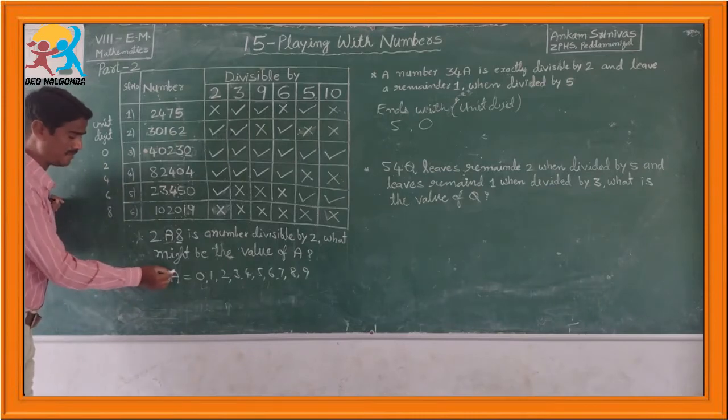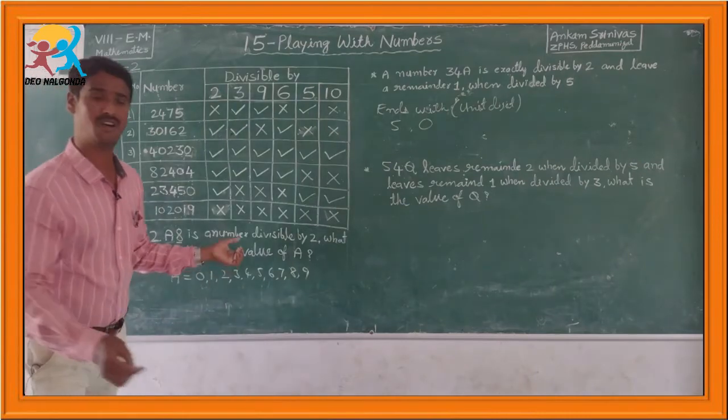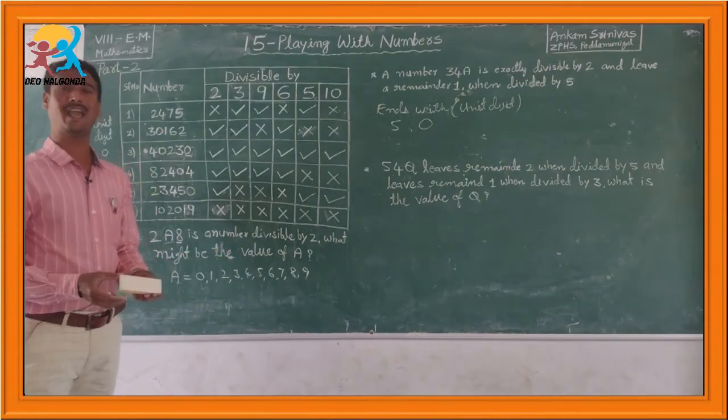So A may be 0, 1, 2, 3, 4, 5, 6, 7, 8, 9. You can take any one of these single digits as A, because A is in the tens place, which never affects the divisible rule by 2. All single digits you can take as A.